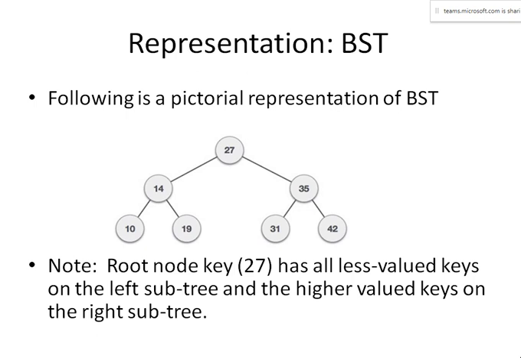Similarly, the right child of the root node 27 has the value 35. If you compare both of the children with the root node, you'll find that it follows the binary search tree property. That is, the left child is less than the root node and the right child is greater than the root node.